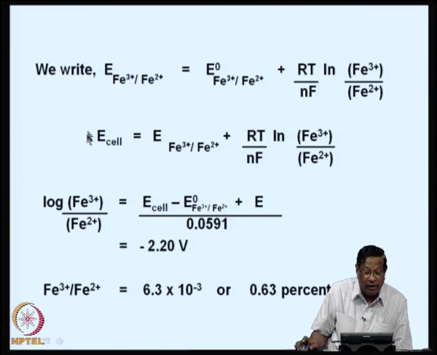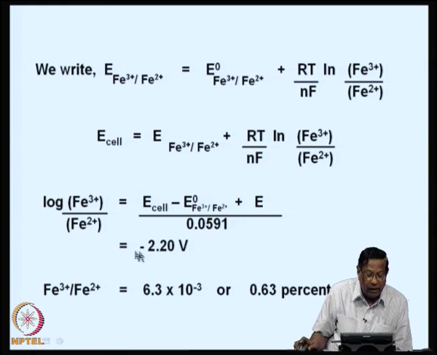You can rearrange this equation, retaining log of [Fe3+]/[Fe2+] on the left-hand side, and E cell on the right-hand side, minus E naught Fe3+ and so on, then the standard calomel electrode term should come there, all divided by RT by nF, that is 0.0591 volts.